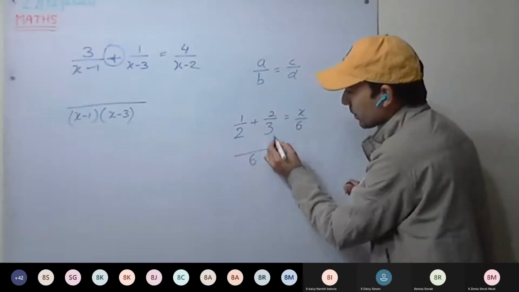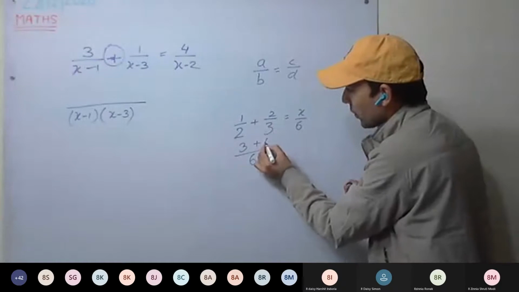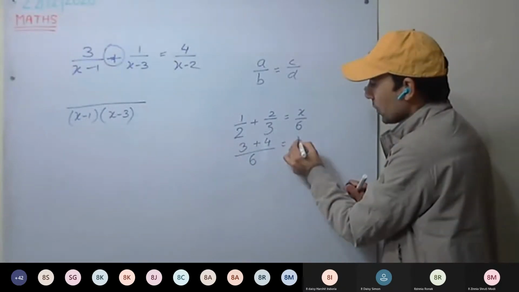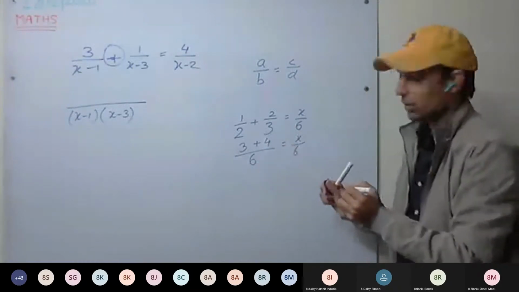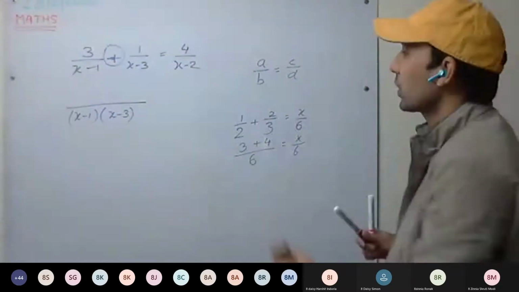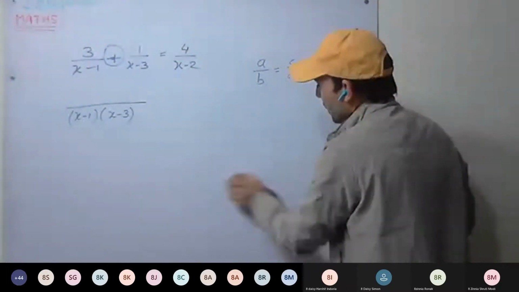The LCM is 6, so we get 3 and 4. Equal to x by 6. Now the 6 gets cancelled, x equal to 7. This is fine. So first we have to simplify the left hand side. Everyone do it in their notebook.